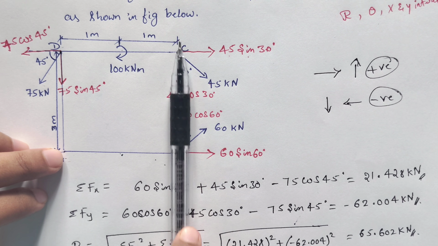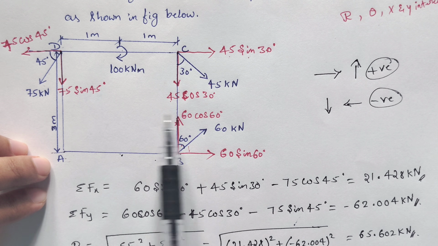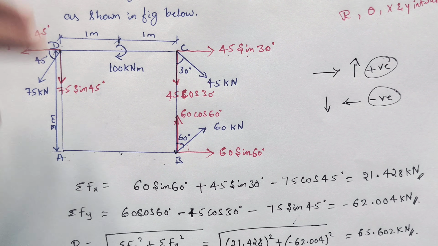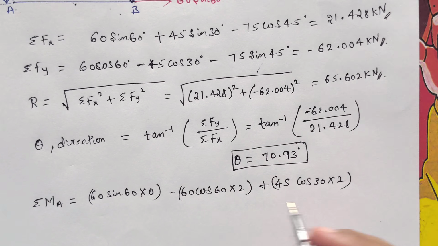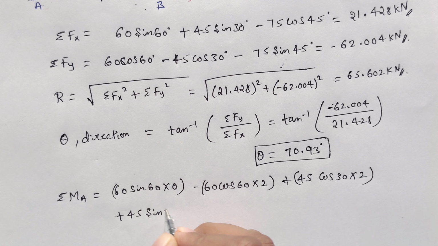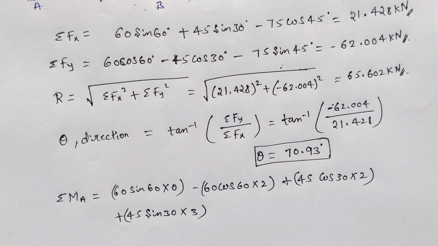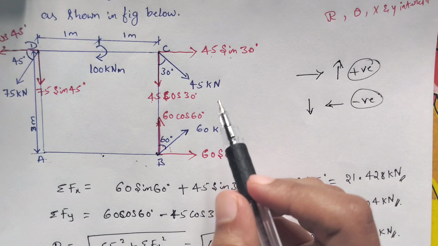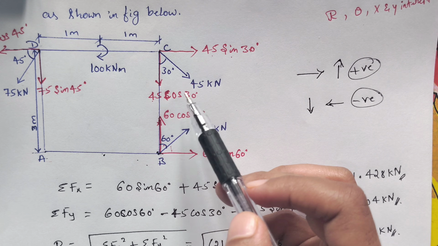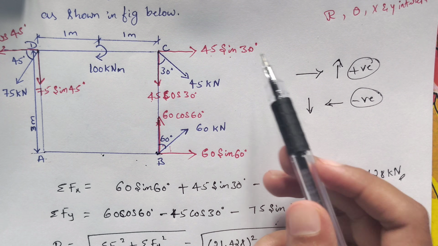What is this whole distance? 3 meter. So it will be plus 45 sine 30 into 3. Got it? This force is done.